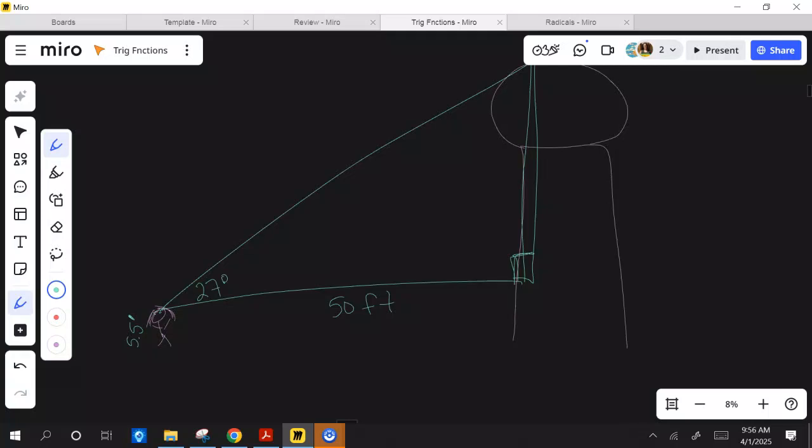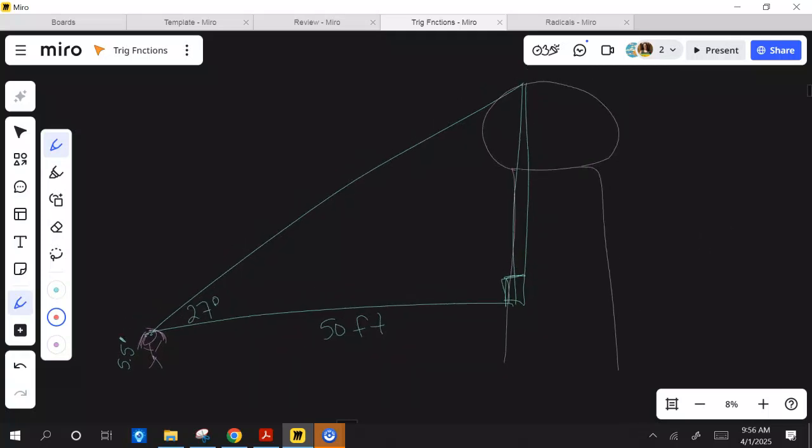Now it has become geometry. That's exactly right, Will. All right, so all I got to do is find the other side. Here's the other side. And once I do, I have to add that 5.5 into it for her height, right? So how am I going to find the other side, first of all? You don't even need the other angle. What do I have?